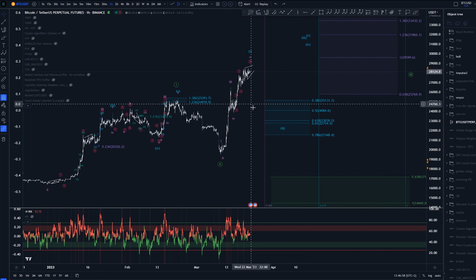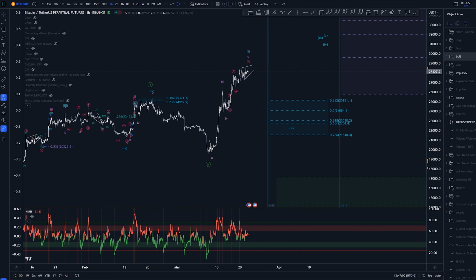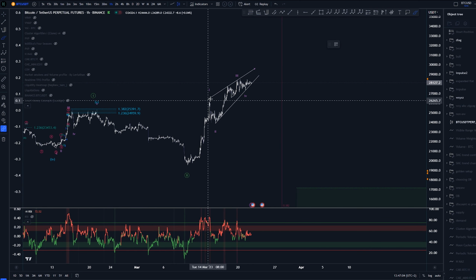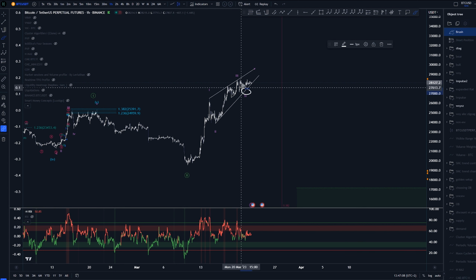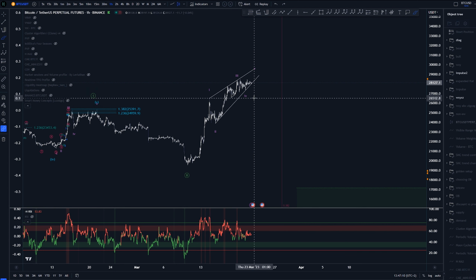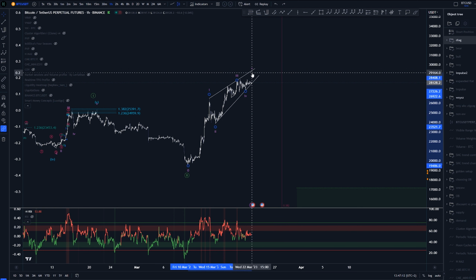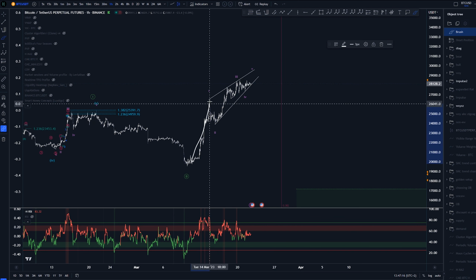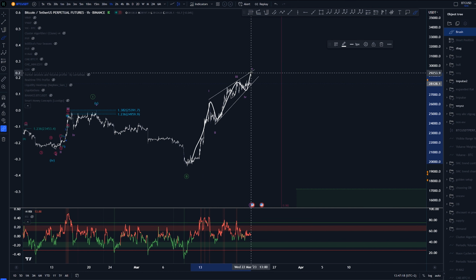Now, there's one more count that we talked about previously, which was this kind of diagonal. Now again, depending on your view, whether wave 1 and wave 4 needs to be overlapping. This is not overlapping, so you can consider whether this is valid for you or not. In this one, we would have a diagonal like this.